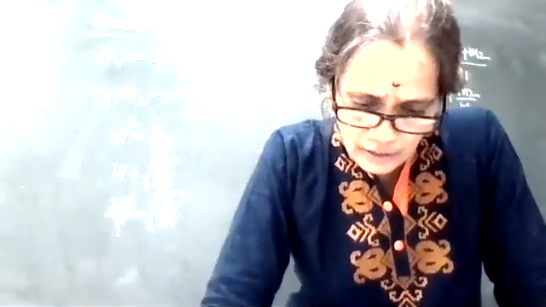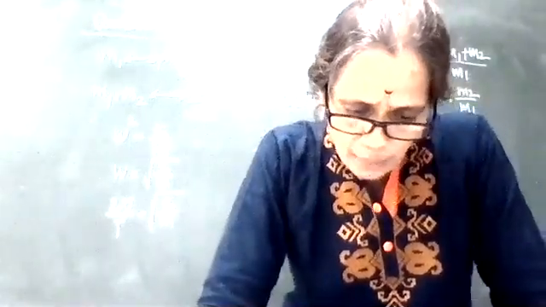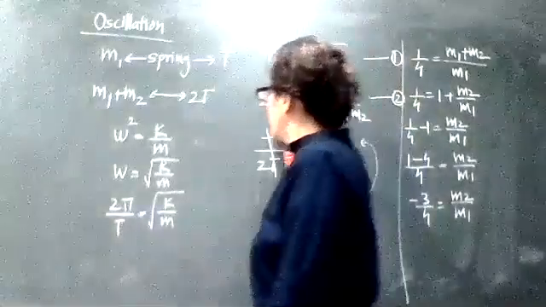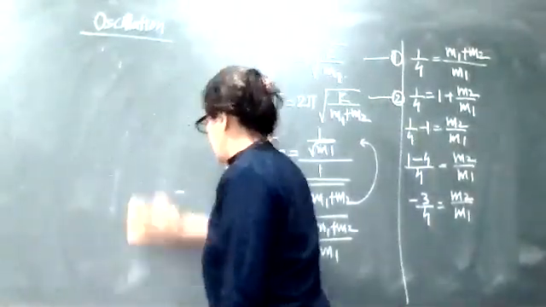Fine? Okay. Next, now see problem number 20. In problem number 20, you are given two parallel SHMs.